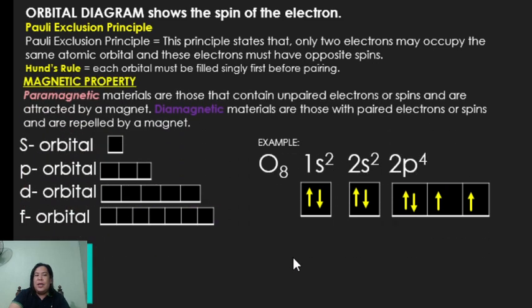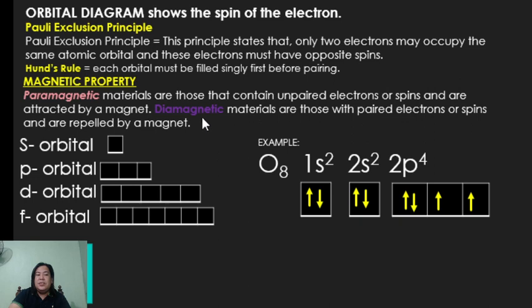Let's have another example. In this particular orbital diagram representation, we can identify the magnetic property of each element. I have here two examples of magnetic property, namely the paramagnetic and the diamagnetic, or paramagnetism and diamagnetism. What is paramagnetic? Paramagnetic materials are those that contain unpaired electrons or spins and are attracted by magnets.